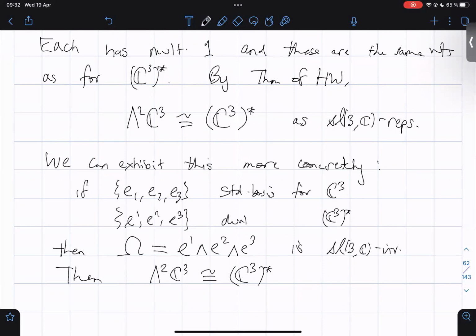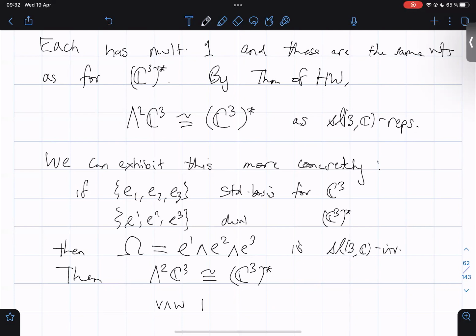Namely, wedge 2 C3 is spanned by simple wedge products like this, so I just need to define this linear map, this intertwiner, on basic elements, simple elements like this.